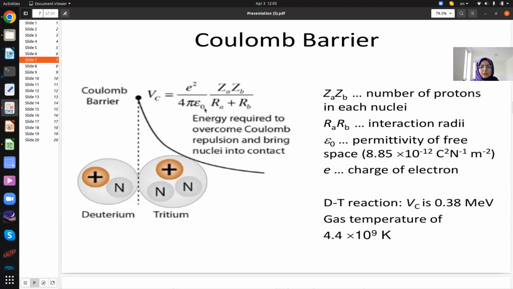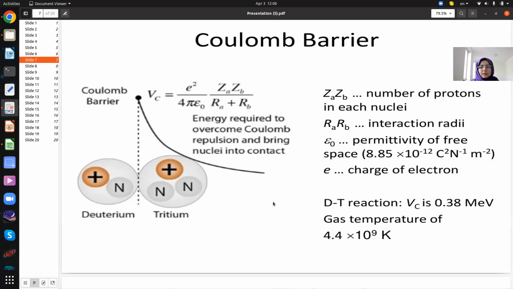Epsilon 0 is the permittivity of free space, 8.85 times 10 to the power minus 12 C squared N minus 1 m minus 2. E is the electron charge.